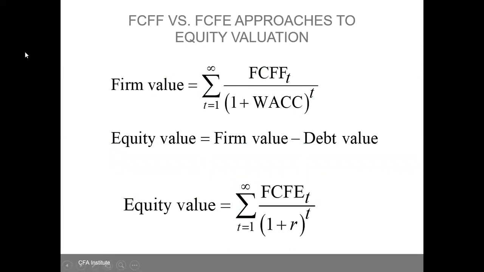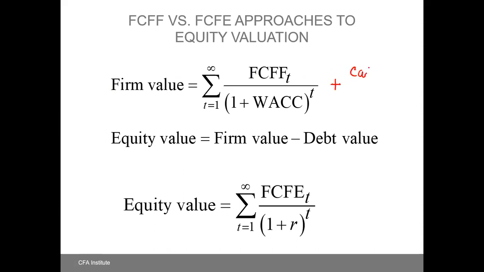So what I wanted to show you is a depiction of what it actually is. Firm value, we calculate using the free cash flow to the firm, and here something is ignored. What is that something?